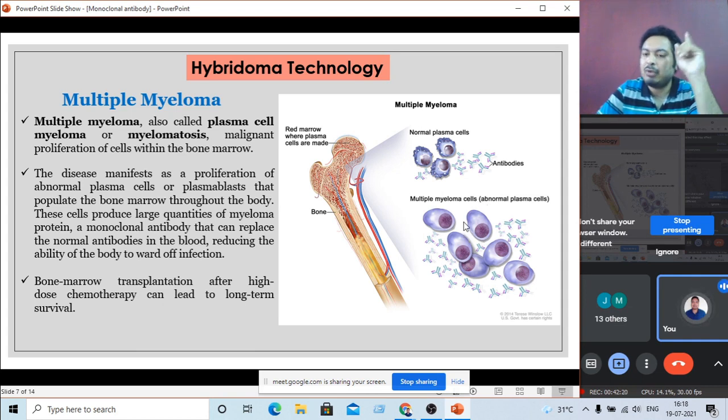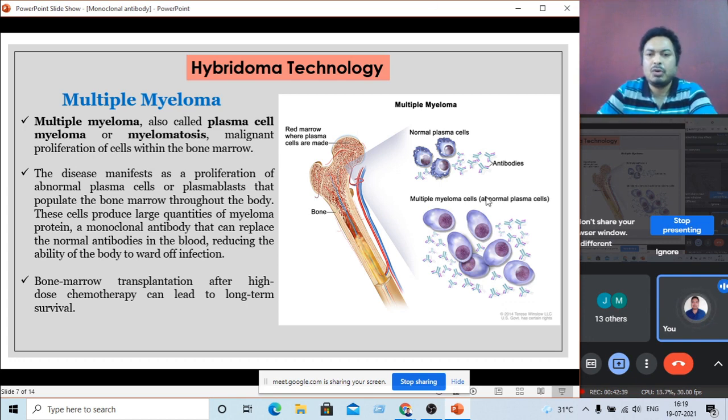They can produce only one type of antibody, not multiple types. That's why our body becomes immunocompromised, and finally we are infected with different types of diseases, and finally death occurs. People die because of multiple myeloma disease.